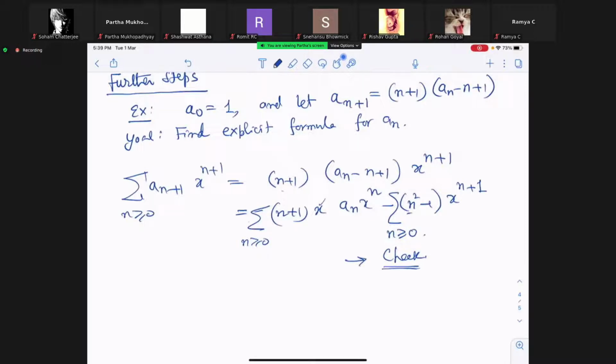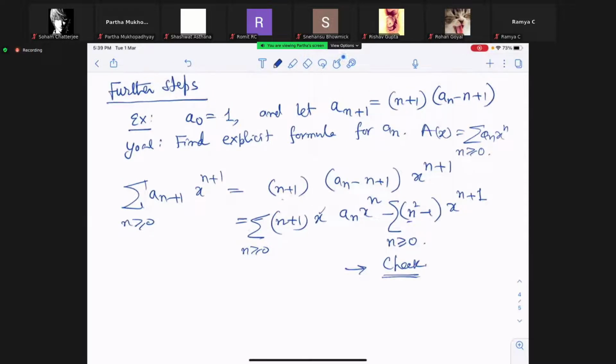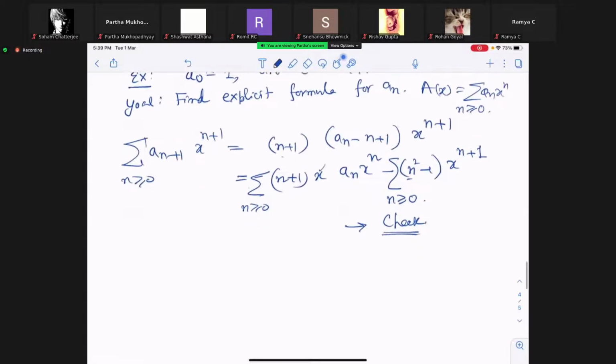But you should definitely check that if you just try to solve it in a brutal sense, you get some kind of differential equation involving that A(x) that we are looking for, the summation a_n x^n. And that differential equation will be somewhat crazy. So I leave it to you to do that for fun and offline.